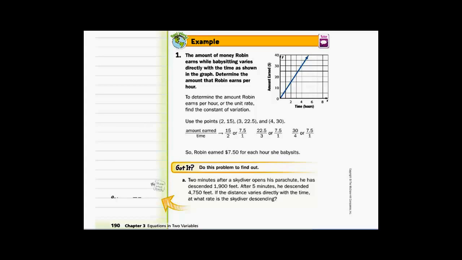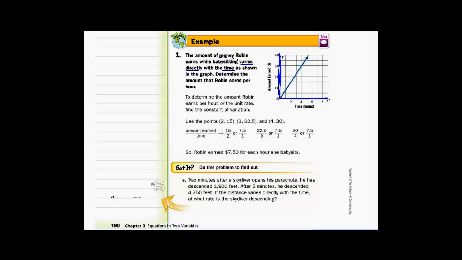All right, so before we go and make our points here, let's go back and look at this varying directly part. Up here in the example that we just did, it said that the money varies directly with time. So notice that money was your y-coordinate and your time was your x-coordinate.